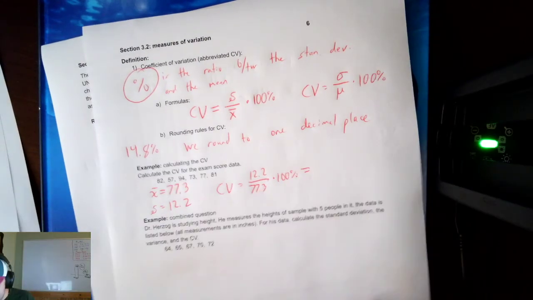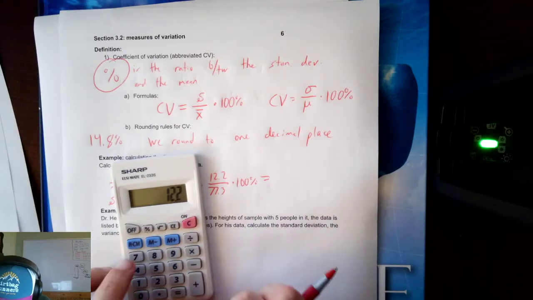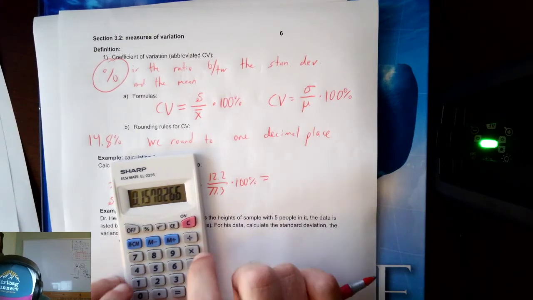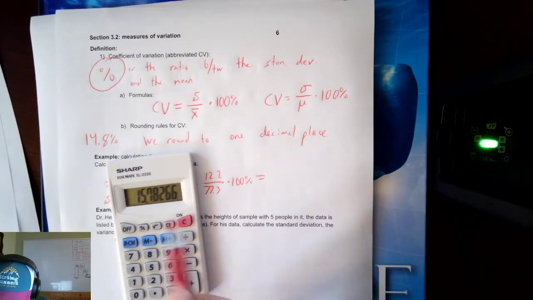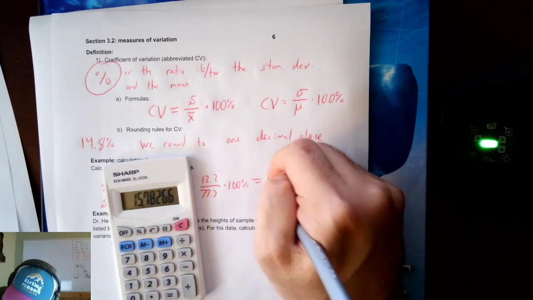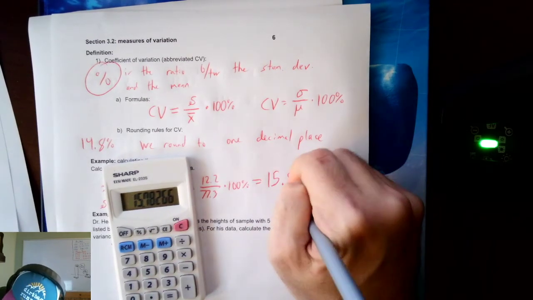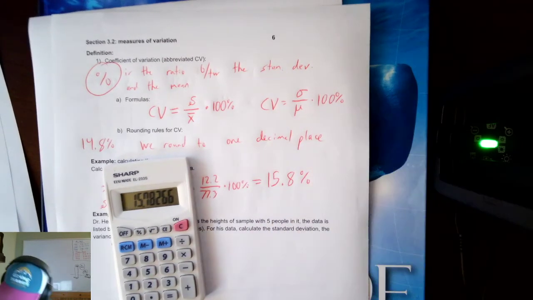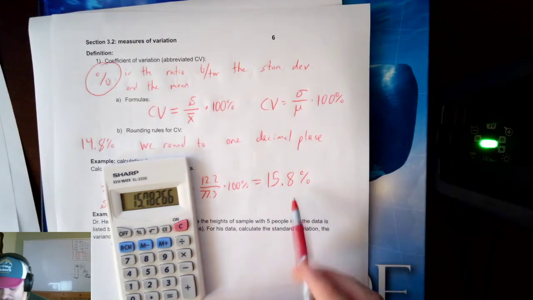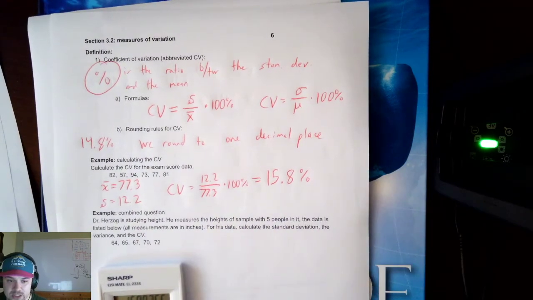So I'm going to plug that into my calculator and see what I get. Let's see, 12.2 divided by 77.3 times 100 gives me 15.78266. So my answer will be 15.8. I round to 1 decimal, and it's a percent. So my CV for my exam data is 15.8%.